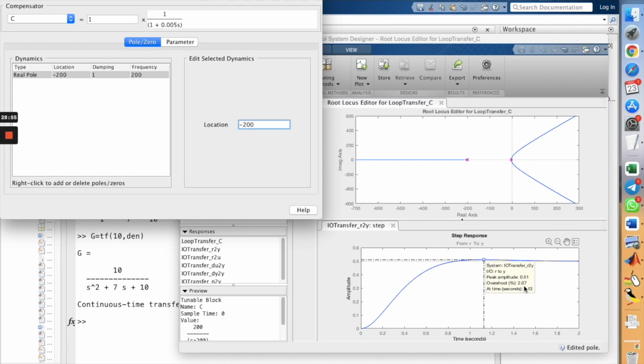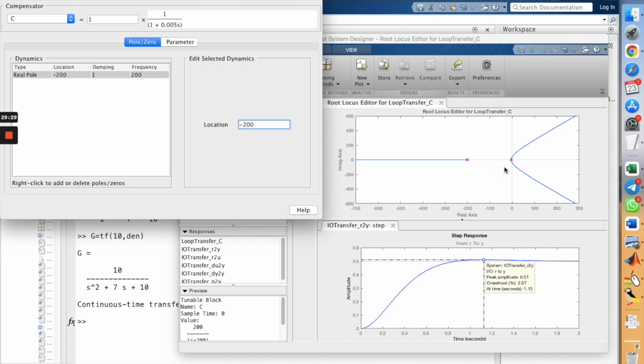So what we can see from this example here is that when we put the third pole far away from the poles that are near the j omega axis, the system behaves like a second order system. So we have a third order system in this example.